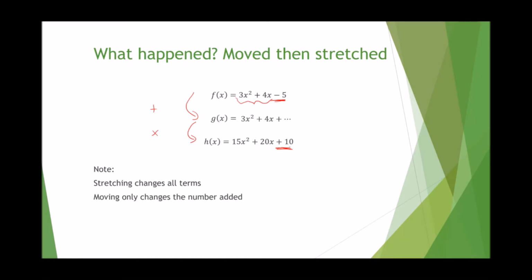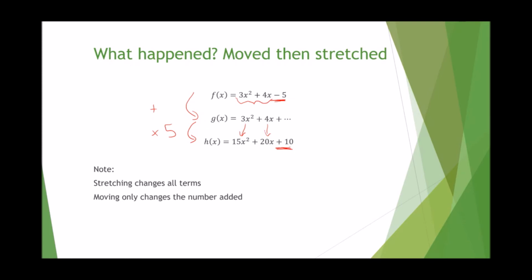Meaning, we do know that this in-between function still has that 3x squared plus 4x. But if we know that, we can find out what it's been multiplied by. From 3x squared to 15x squared, from 4x to 20x, that's been multiplied by 5.